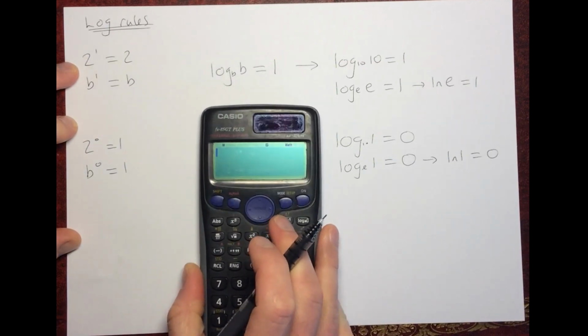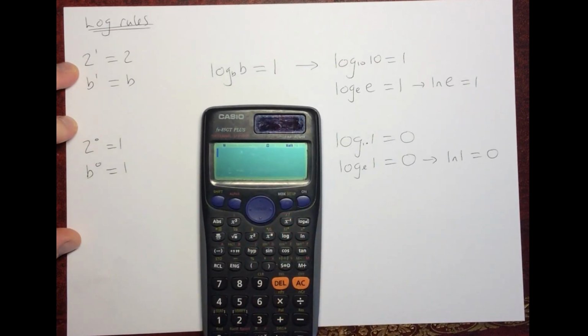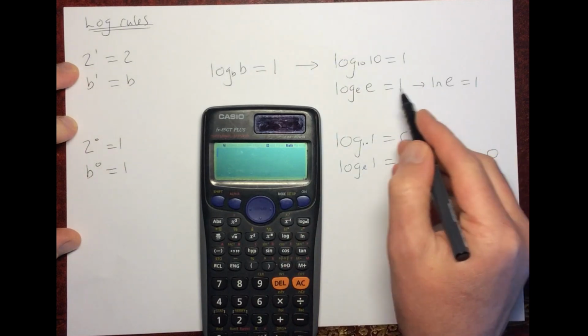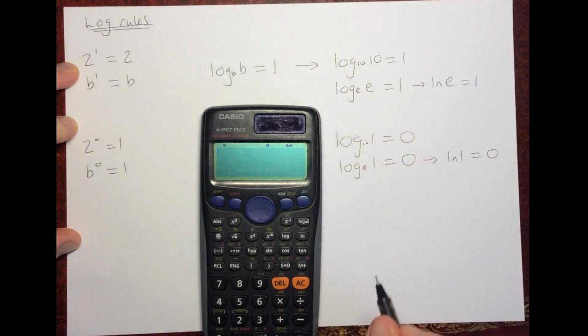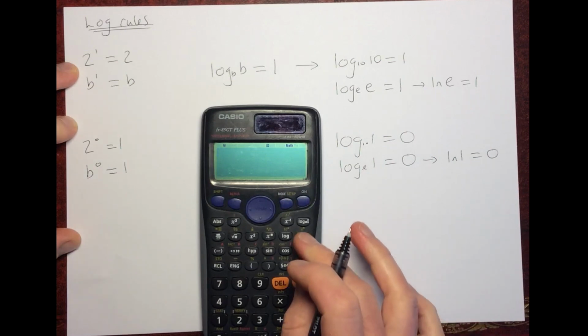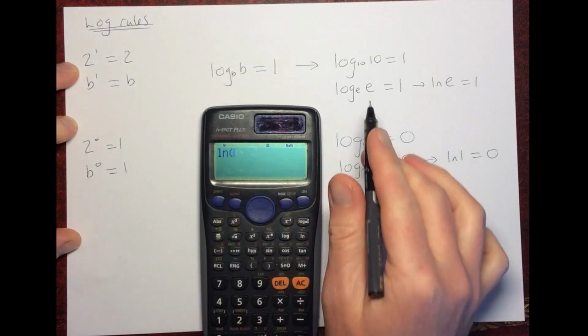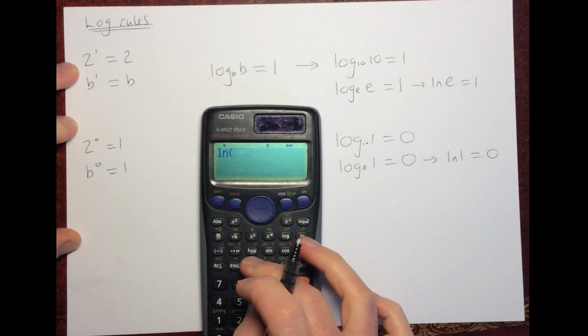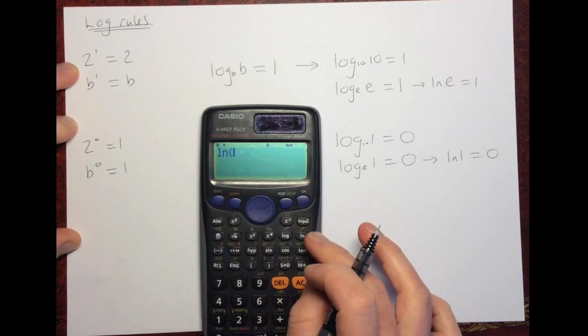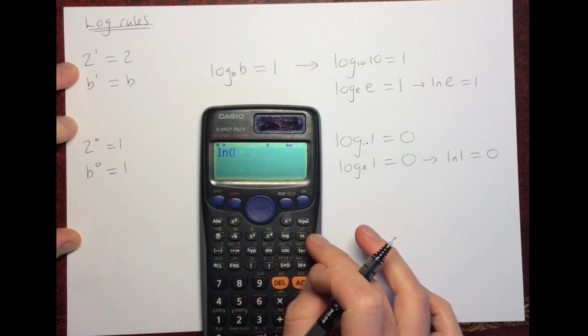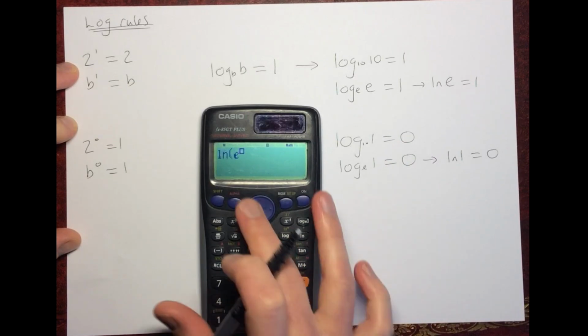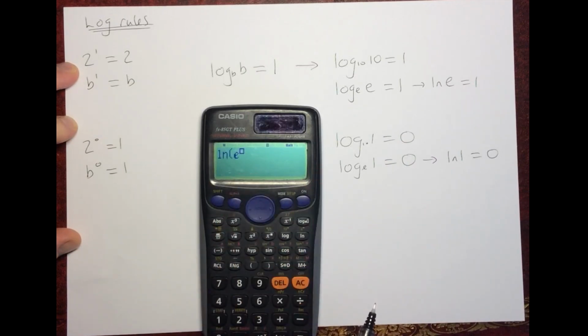So just to show you how you do this on a calculator, when you're logging e, it's a little bit tricky because you have to be aware of this. You do natural log, because that's log to the base e, and then you select e, which on my calculator is shift of ln. But whenever e comes up on your calculator, you have to put it to the power of something.